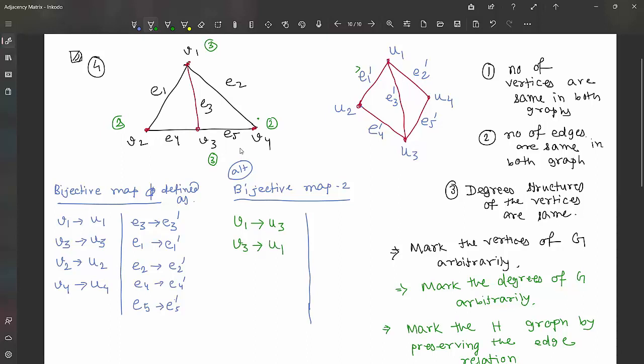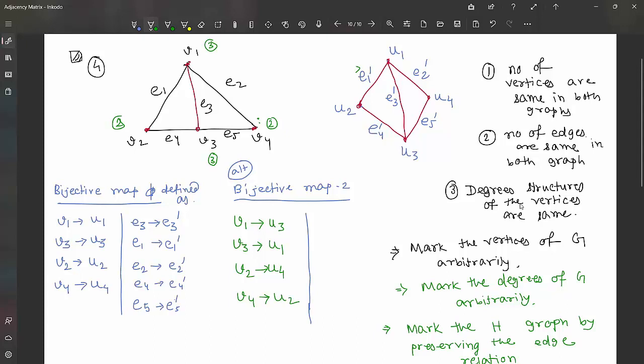So in between these two, we are defining a new map by just changing these variables. V1 now goes to U3 and V3 goes to U1. Next, you can see that you can also change the V2 and V4 relation. So we are taking that V2 goes to U4 now, and V4 goes to U2.